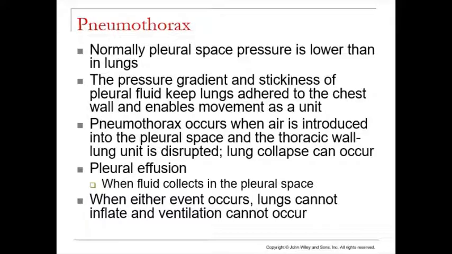We call this a pneumothorax, and this is bad. This is an emergency in most cases. Why? Because when the air gets in, it can't get out. It's trapped, so it will accumulate. And as it accumulates, it's going to begin to squeeze and crush the lungs. And it could squeeze and crush the lungs to the point where your lungs collapse.